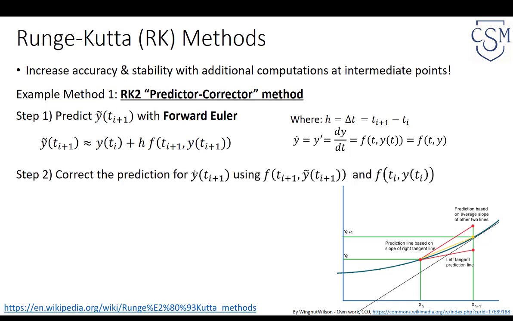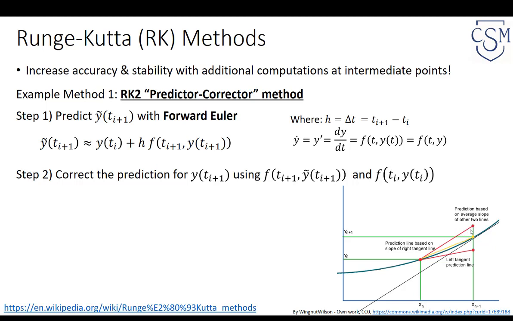In our second step, and this is why it's called RK2, Runge-Kutta 2, we correct our prediction for y of ti plus 1 using this differential equation evaluated at ti plus 1 and our predicted value. Here we have a graph showing the tangent line at ti, which gives the predicted value of y, and then the slope at this predicted value of y.